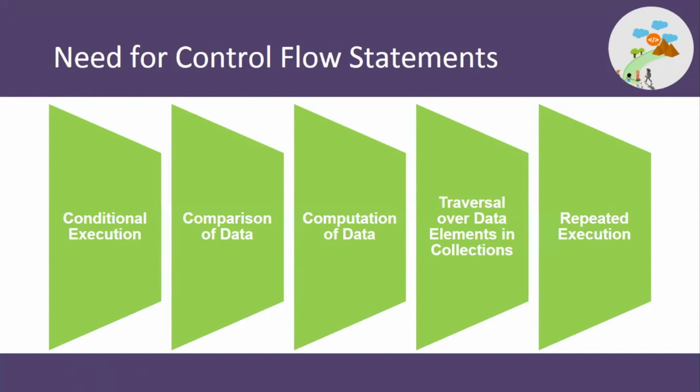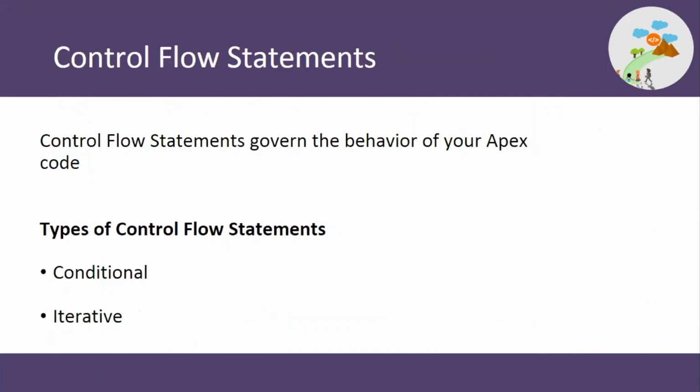Now that we have a slightly better understanding of why we need control statements, let's jump into understanding what exactly control flow statements are. Control flow statements basically govern the behavior of your Apex code. They define how a particular Apex program needs to behave.